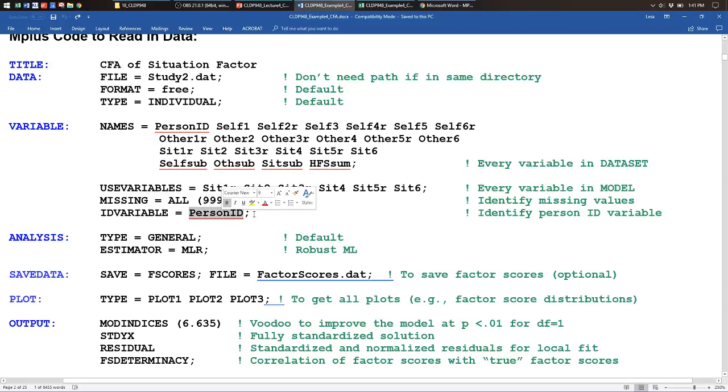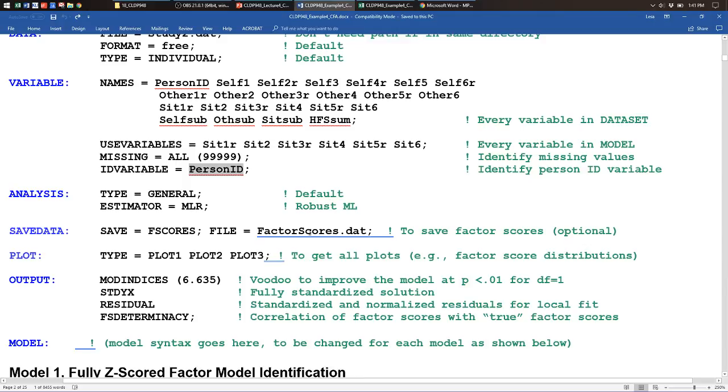The ID variable allows you, if you were to export factor scores, to have that column in there so that you can merge them back into your data, but that's not strictly necessary. Those are the good kind of factor scores, not the bad kind. They're better than EFA ones. They're still not good, but they're better. When you do structural models, will the DV be those?